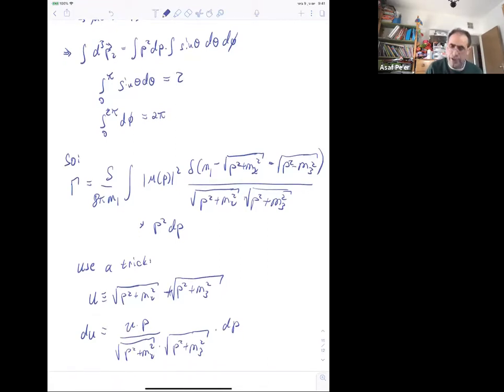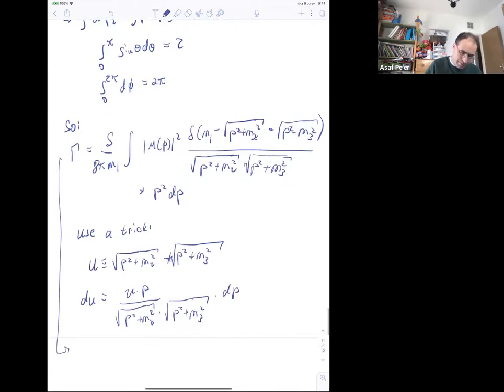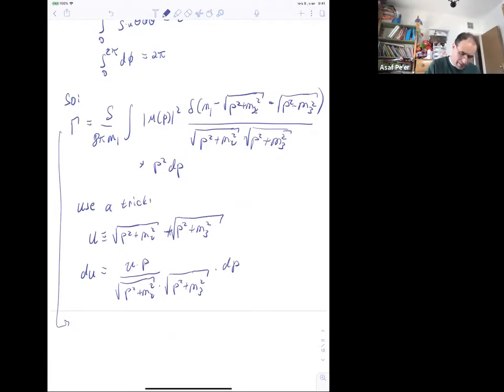Which you can check by immediate substitution. And again, using these results in gamma, we end up that gamma is s over 8 pi m1 times the integral.